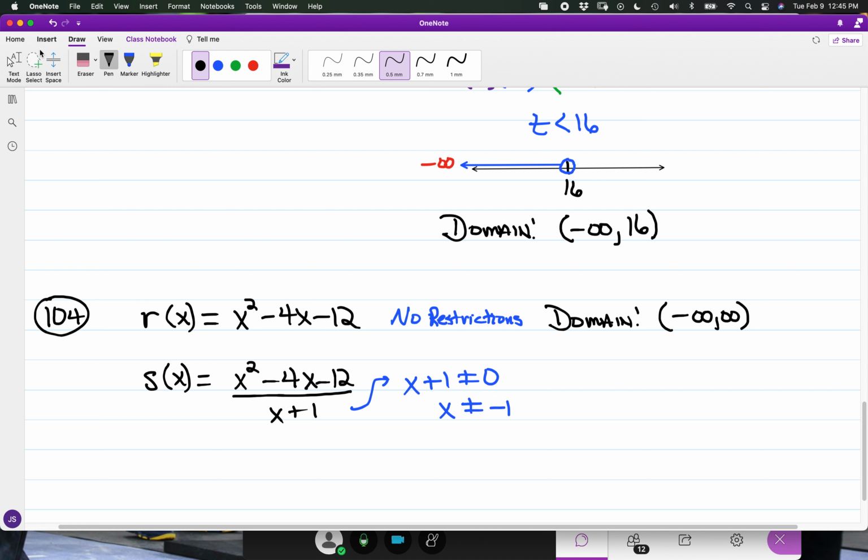And just looking at how to express the domain in interval notation. If you look at it from a graphing standpoint, negative 1 is not included, so you have a hole, but everything else before it and after it will be in the domain, going in both directions.